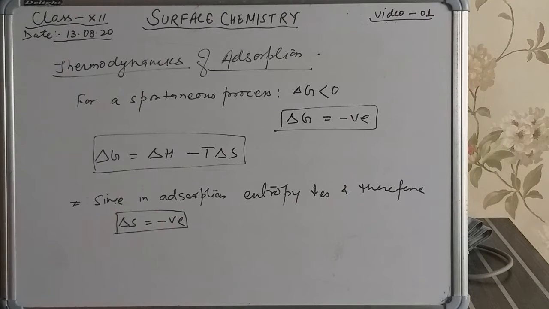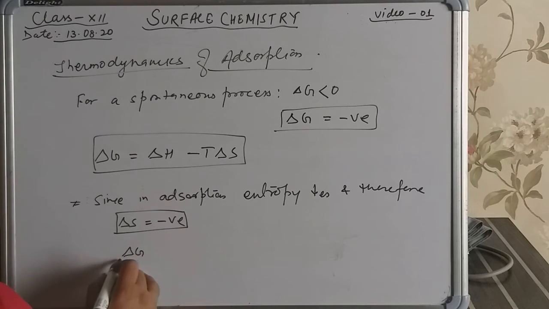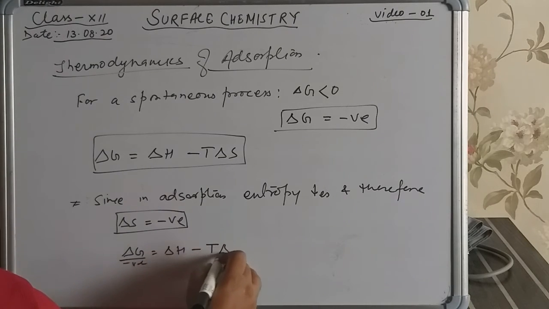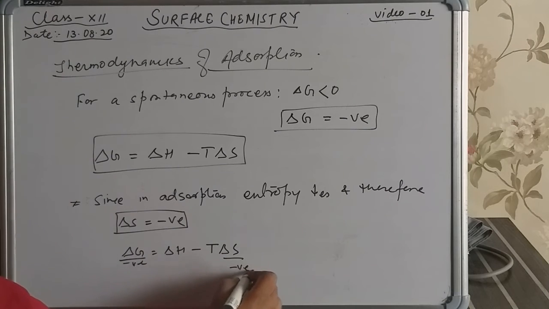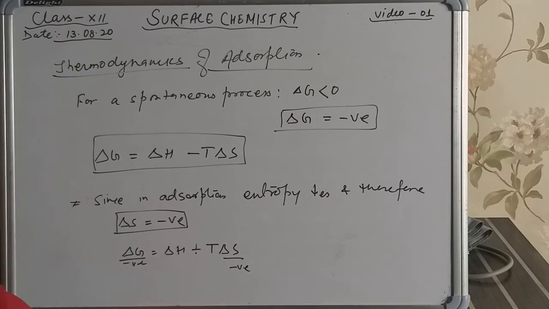So delta S becomes negative. And for a spontaneous process, delta G must be negative, and in delta H minus T delta S, since delta S is also negative, this term will be positive. But for the spontaneous process, this particular enthalpy must be negative, more negative.